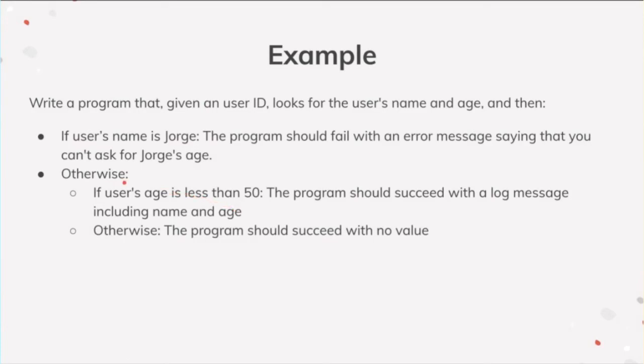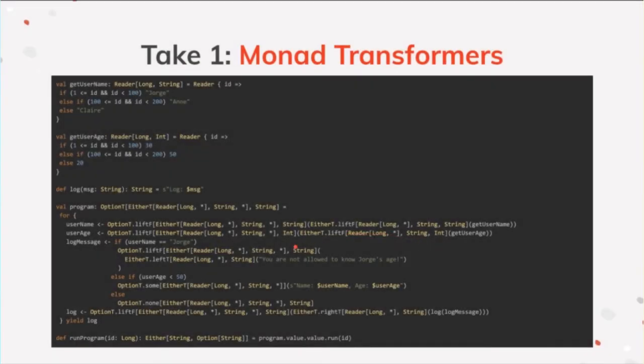I'm not going to go into the details of the code and why you need to do this, but you can see here these liftF's everywhere. You can see a lot of type annotations here, here, here. So it's really crazy, a lot of type annotations. And I'm using this kind-projector plugin that comes with Scala that makes writing these annotations a little simpler.